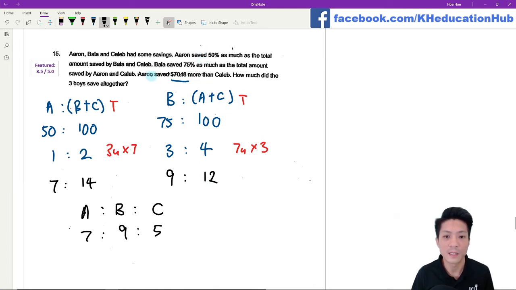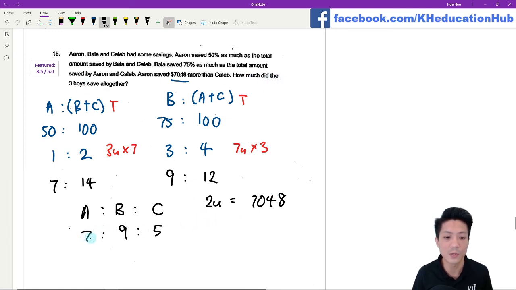Now over here it says that Aaron saved 7,048 more than Colette. So looking at Aaron and Colette, right, there's 2 more units, right? So 2 units is equal to 7,048. So the question is asking us to find how much did the three boys save together.